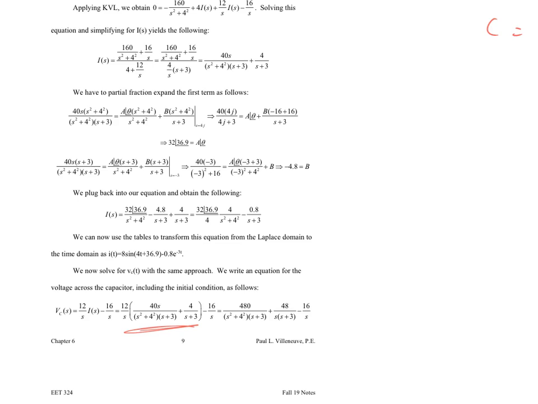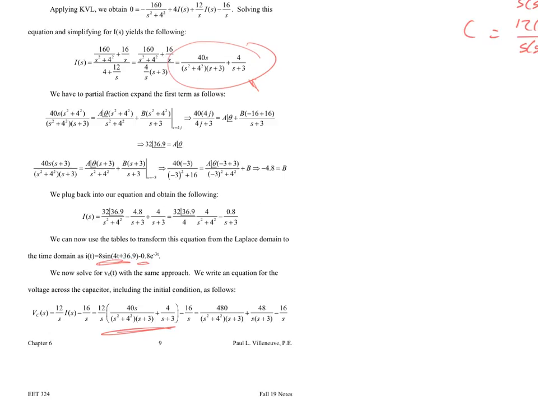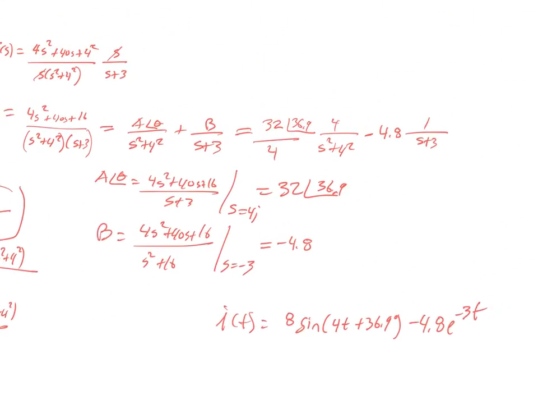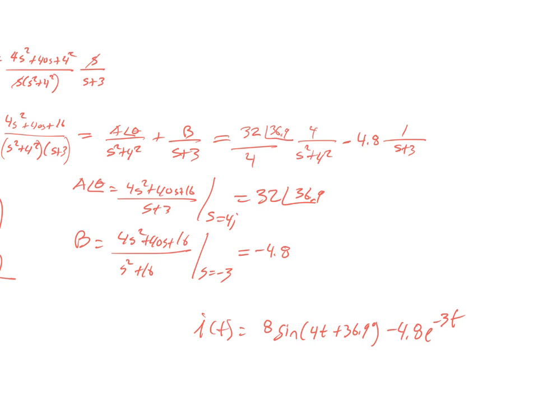What I'm trying to do is see where I got this I of S. This is already in partial fractions, but I'm getting something slightly different. This is the correct term, but I have minus 0.8, and that's because when I combined them here, they were combined differently. So it's not 4.8, it's minus 0.8. So this should be minus 0.8. I apologize. This should be just 0.8 and 0.8 and 0.8 here.